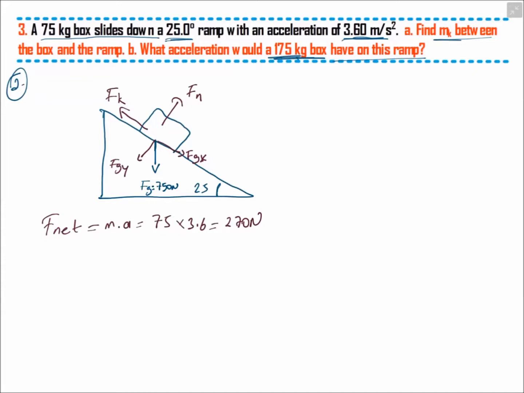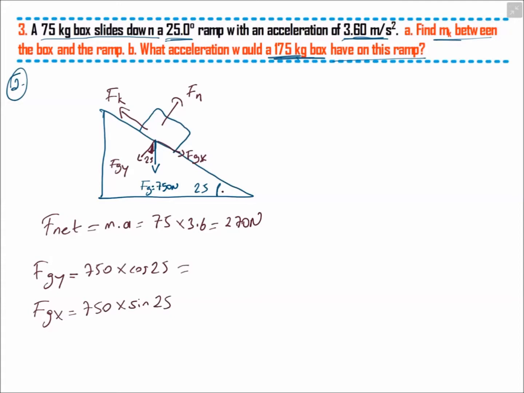The angle here, which is equal to this angle, which is 25, so Fgy equals 750 times cosine 25, and Fgx will be 750 times sine 25.